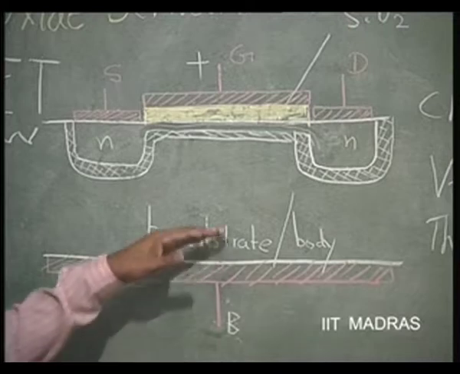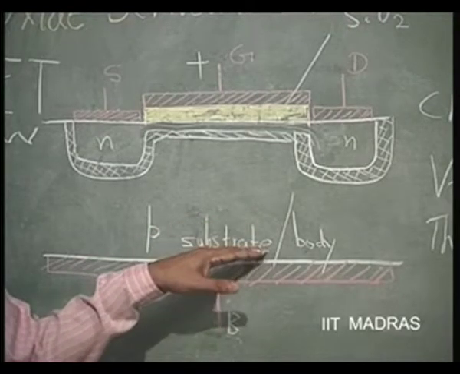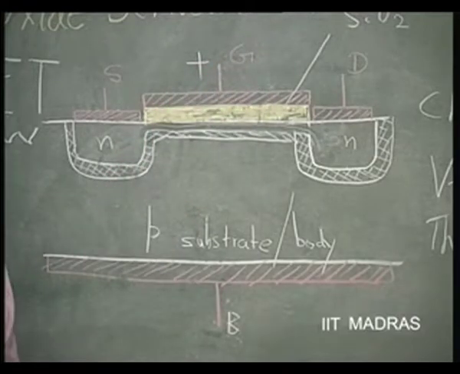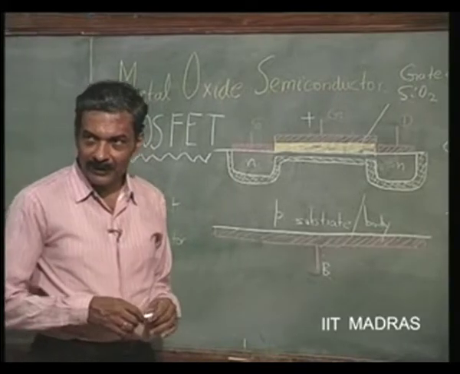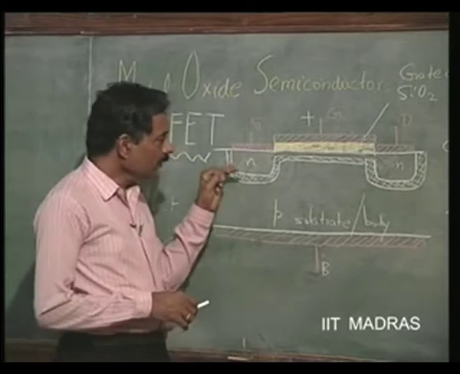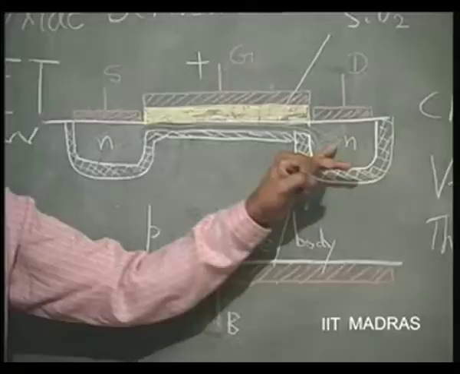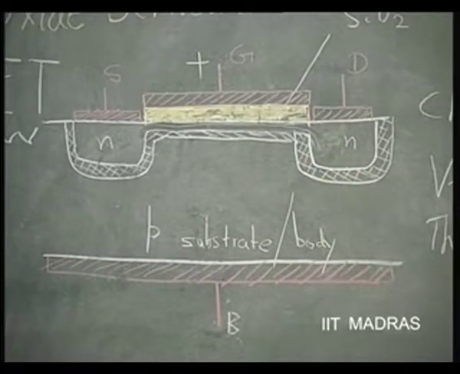Because we would not know what the doping of this is when threshold voltage is applied. So, the circuit definition is that voltage applied to the gate in order to make a certain amount of current flow from source to drain.